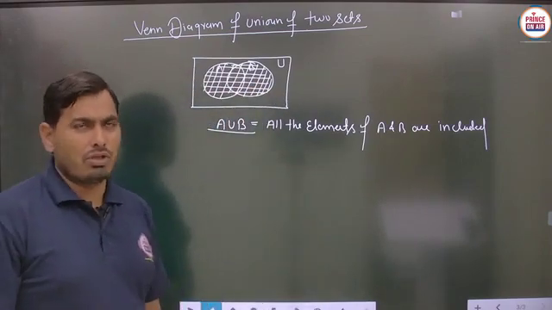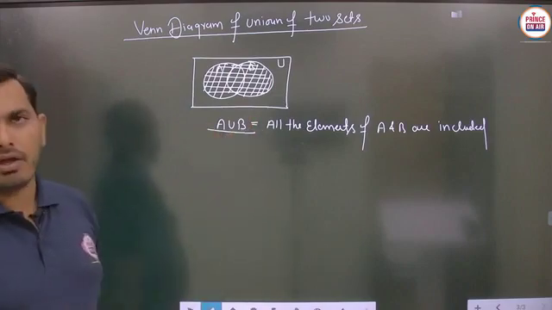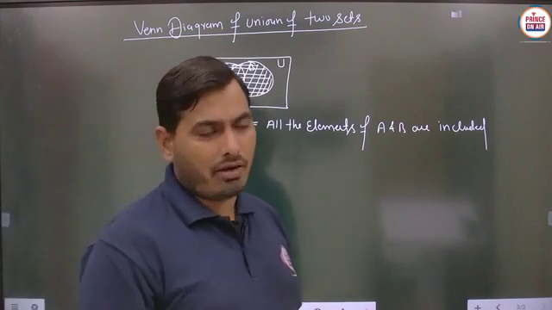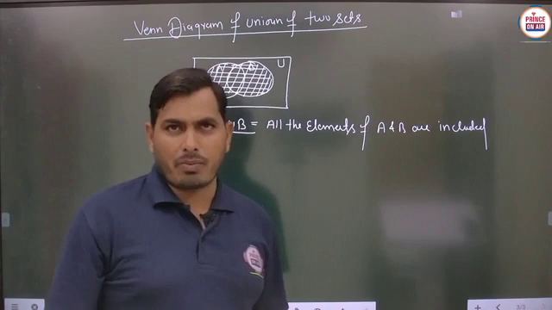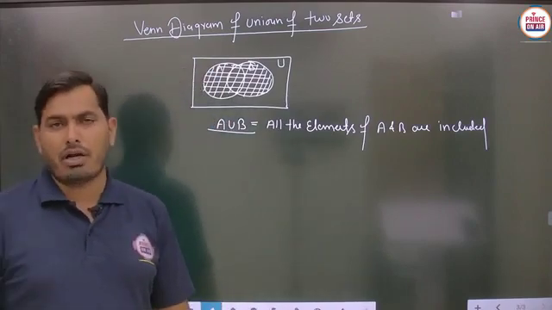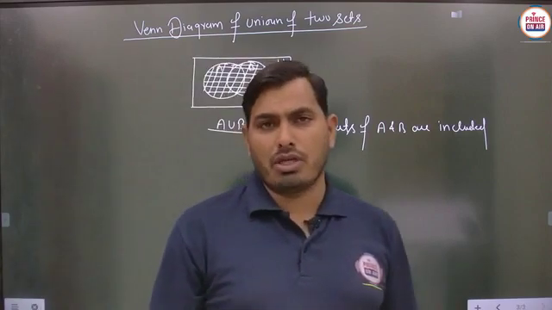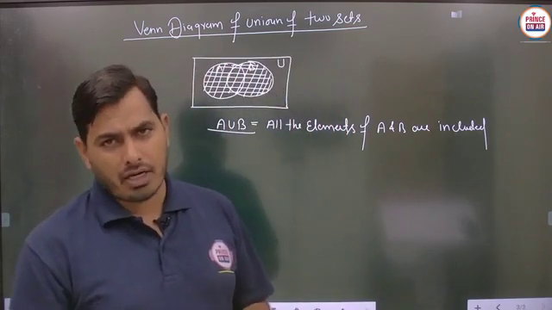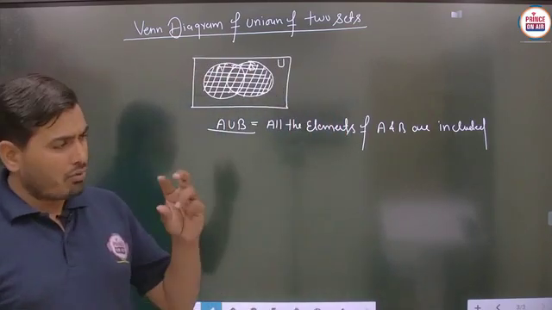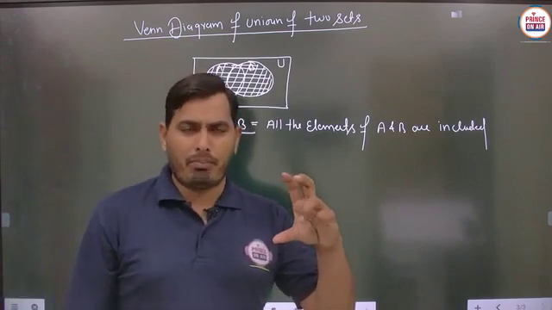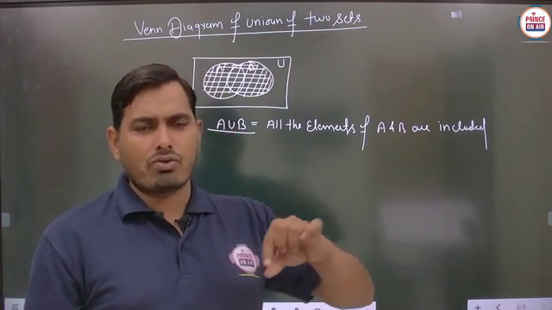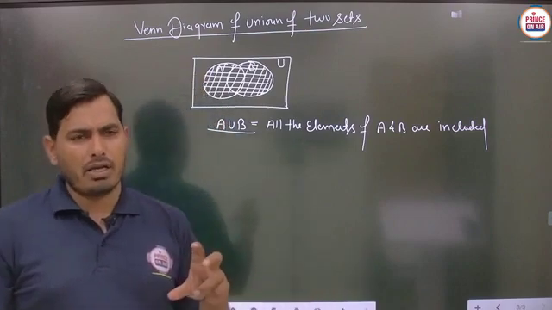So this diagram represents A union B, and we have to remember this case, how this operation is generally represented by the Venn diagram. For any operation, if we have to define a Venn diagram, we see the area where the answer should lie, and that area should always be shaded.